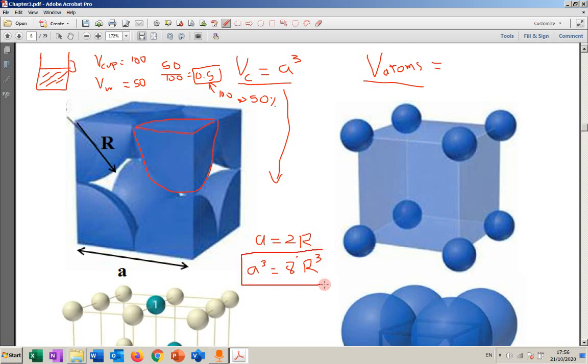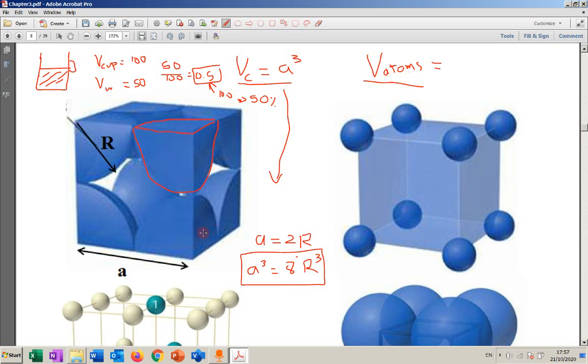This is the volume of this cube with regard to r.